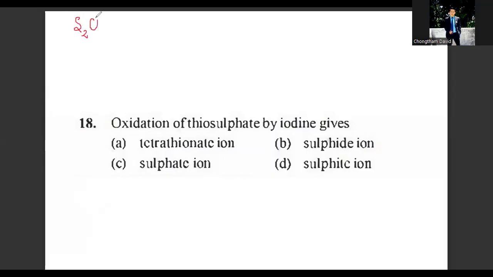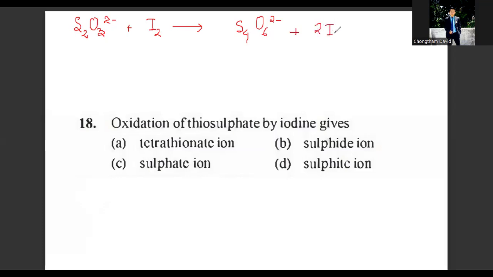Na2S2O3, and after ionization you have S2O3 2-. This is the correct formula of the thiosulfate ion, which reacts with iodine. This would change to the tetrathionate ion, which has the formula S4O6 2-.